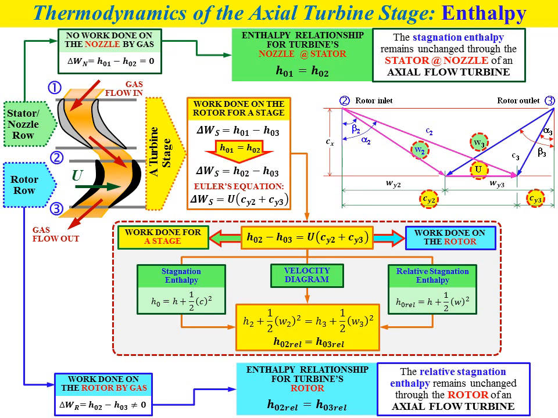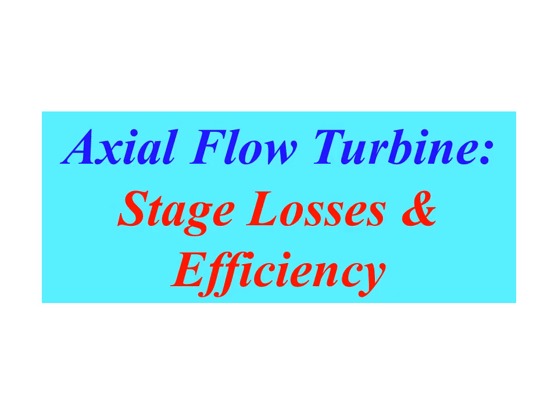In terms of a statement for the rotor, the relative stagnation enthalpy remains unchanged through the rotor of an axial flow turbine. The enthalpy relationships that we obtain here for the nozzle and for the rotor can be used to simplify the calculations involved with the axial flow turbine.